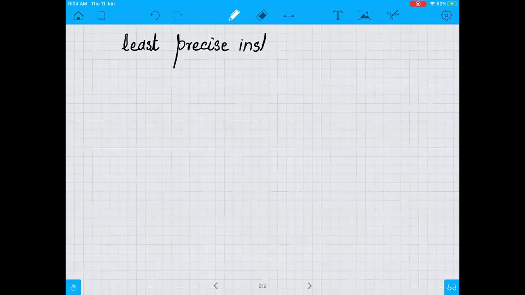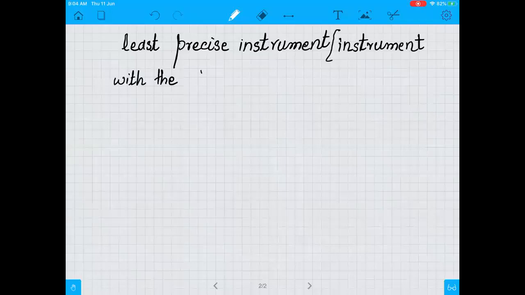What is meant by least precise instrument? Basically, the least precise instrument is the instrument with the highest least count. Now let's understand an example.